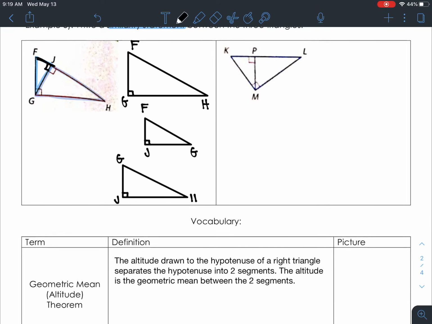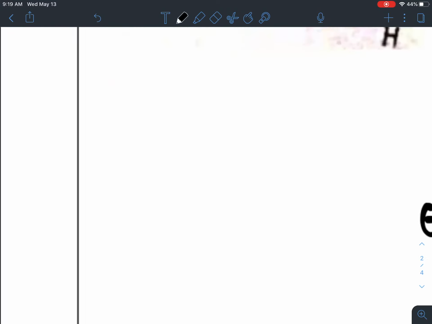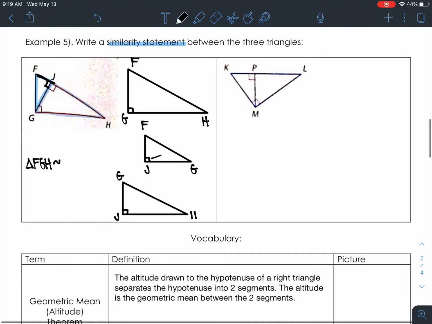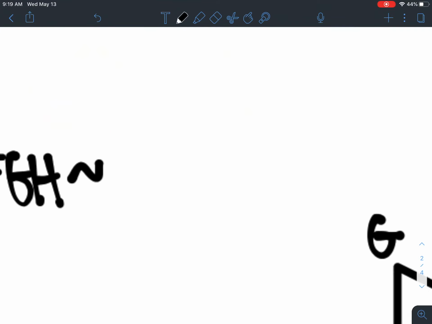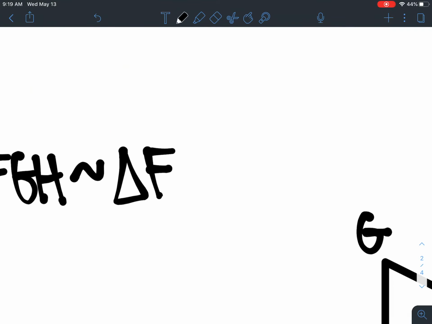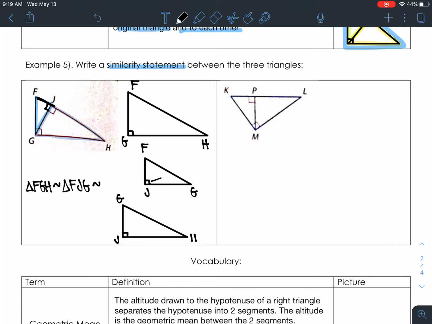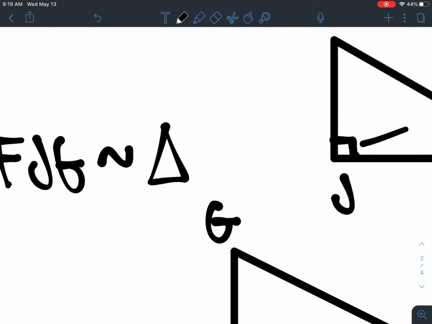So I'm going to start with FGH, so triangle FGH is similar, all right, to triangle FJG, which is similar to triangle GJH. Sorry, FJG, I always mess that up.